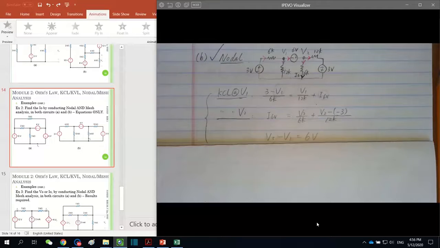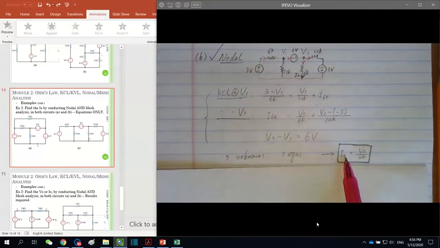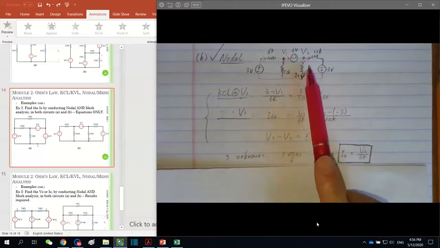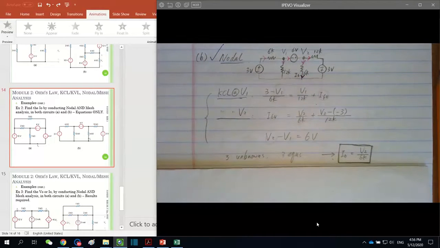So now 3 equations and 3 unknowns. We can find all of them individually. Of course, never lose your focus on the thing we are really looking for, which is I naught in this circuit. I naught is here, which is equal to V2 minus 0 divided by 6 kilo ohm in between, Ohm's law. So if the exam asks for an equations-only answer, here it is, up to 4 equations and 4 unknowns. Also make sure you include I naught as one of the unknowns.